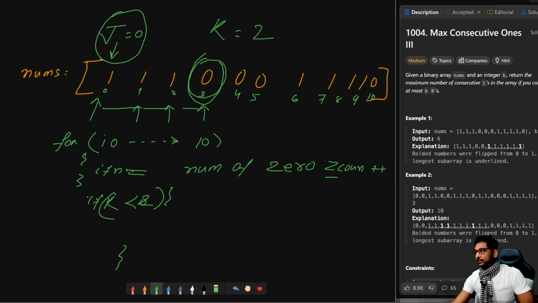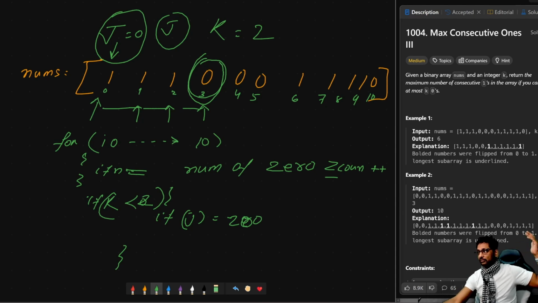Okay, we'll see. We already have a 0. It means we check whether num sub j, that is the 0 pointer, is 0 or not. If our j pointer's value is 0, it means we already got a 0 before, and our k has already become larger.